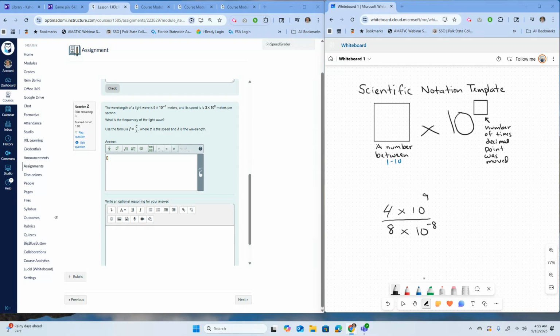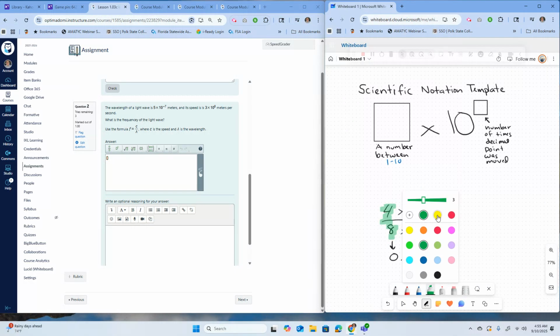The same way we did in the previous problem, you divide the coefficients, 4 divided by 8. You take a calculator, you're going to get 0.5. Then you're going to divide the powers of 10.